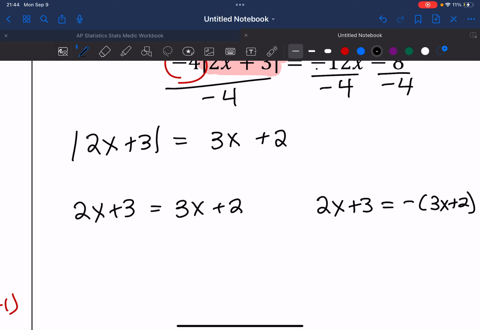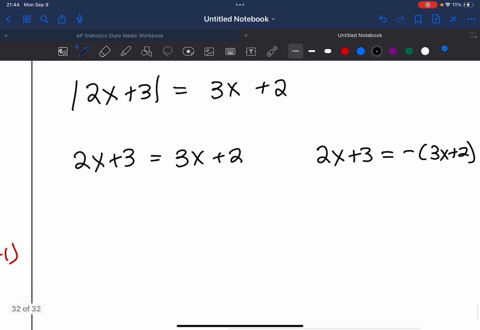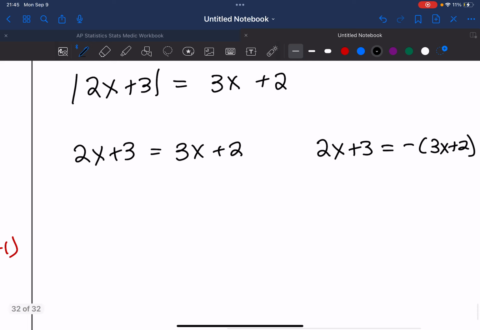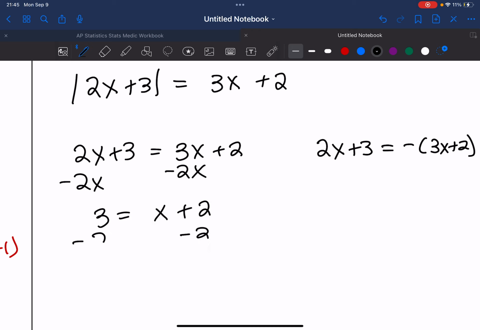Notice how I had more than one term on my right side, which means I had to put it in parentheses before I wrote the negative in the front, because the entire thing is going to be negative, not just the first term. So solving for x, I'm going to subtract 2x, and I get 3 is equal to x plus 2. Then I'm going to subtract 2, and I get x is equal to 1, so that's one possible answer.